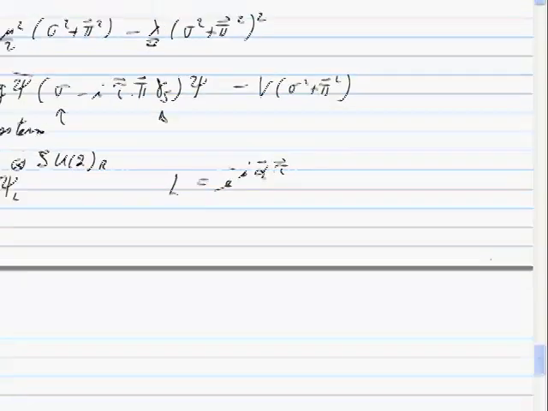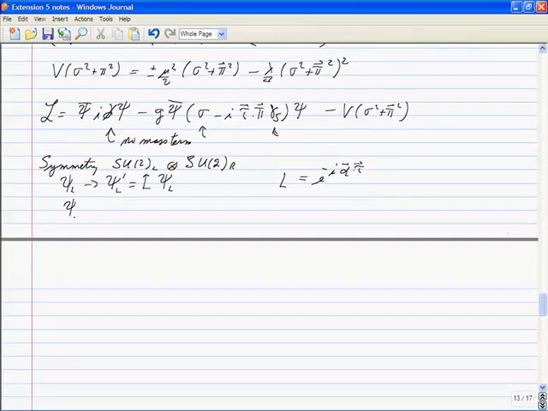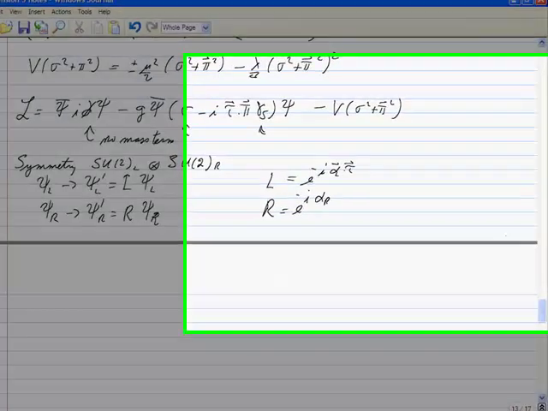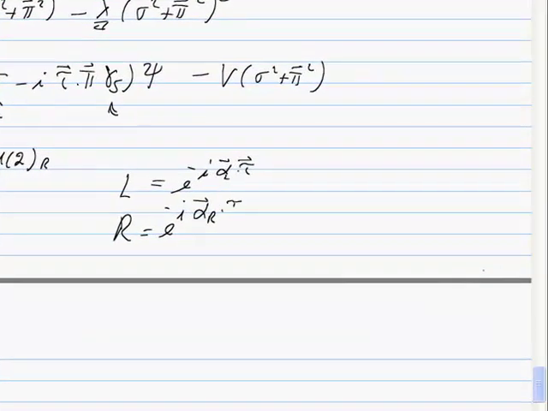Psi_R goes to some psi_R prime, a similar transformation but different. R is also an SU(2) matrix, alpha_R dot tau. Alpha_L and alpha_R are not the same.